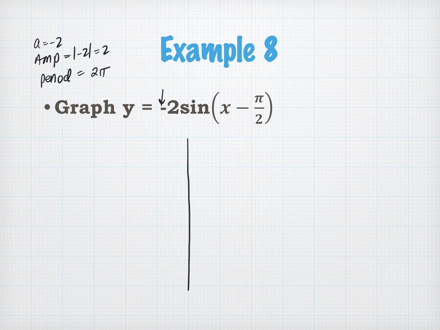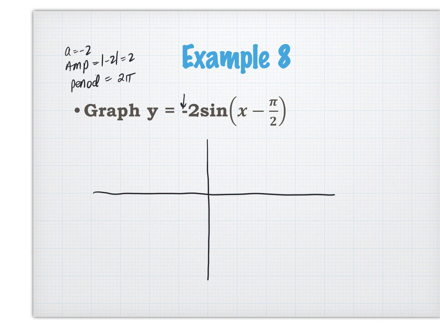Okay, now this one, I actually love this one, and I'll show you why. When we're in a 2 pi scenario, we know that when we divvy everything up into its quarters, the quarters are going to be adding pi over 2 every time.